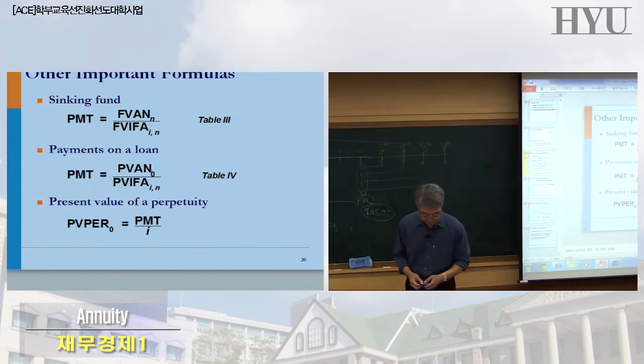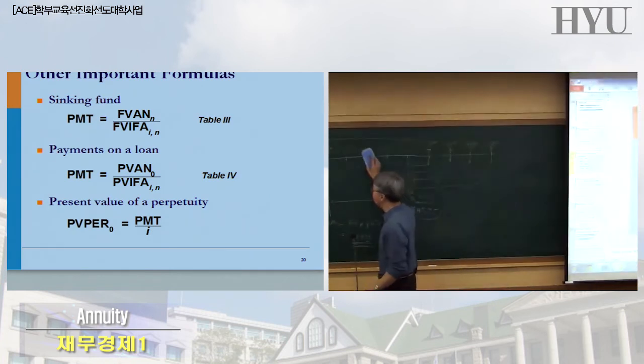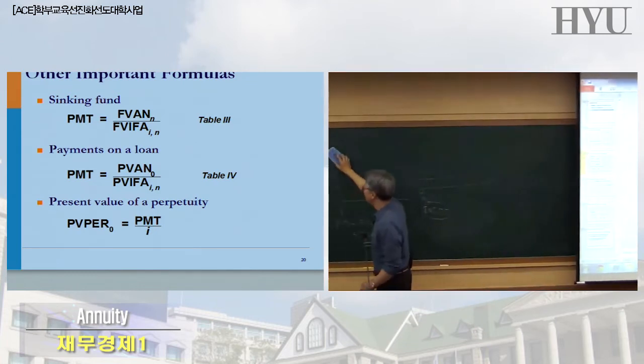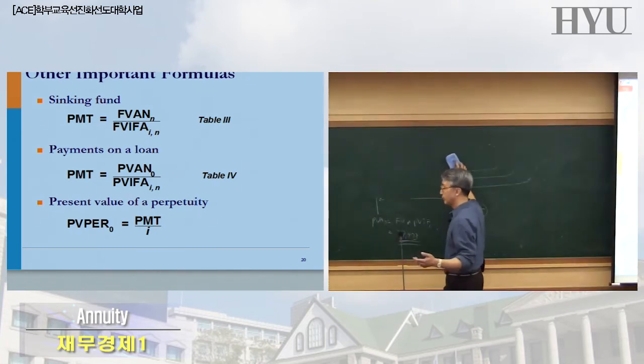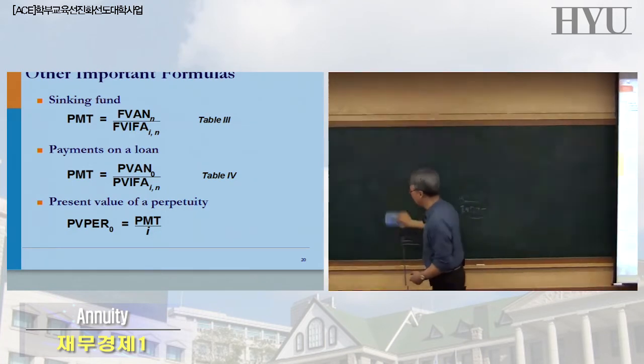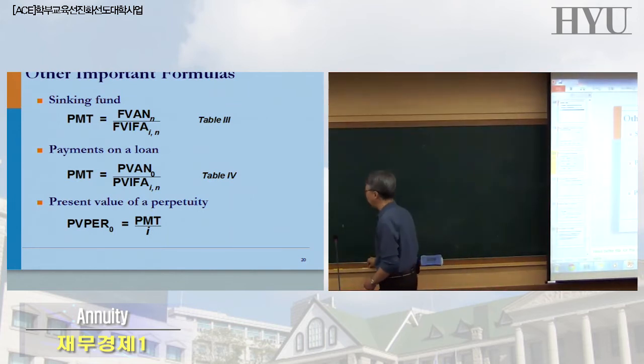So a sinking fund means the future value is known. The question is, let's say a company has borrowed, say, $200 million, and they issued a 20-year bond.